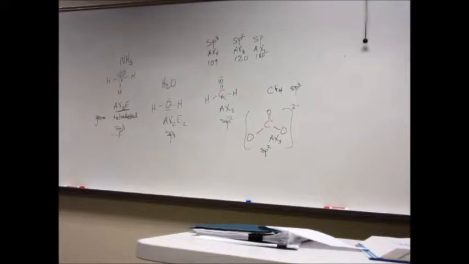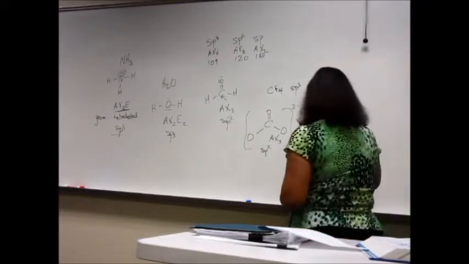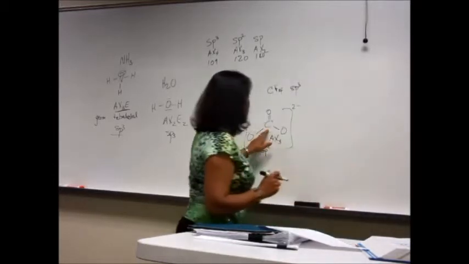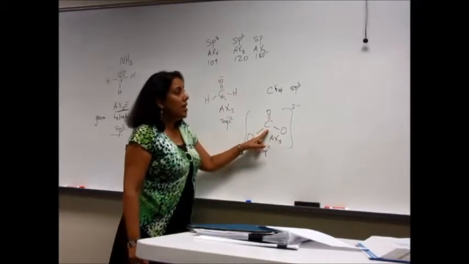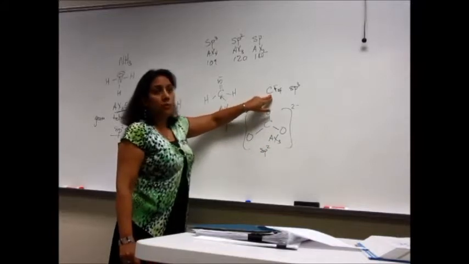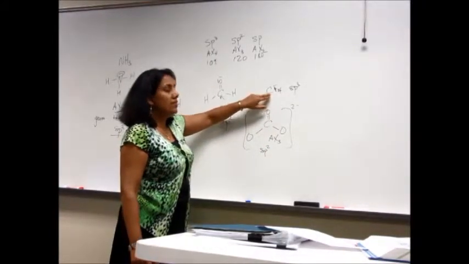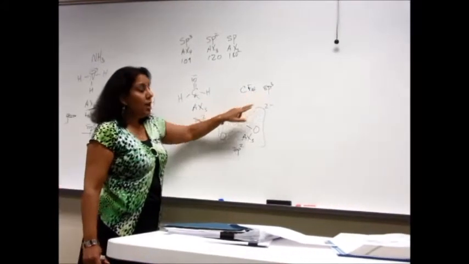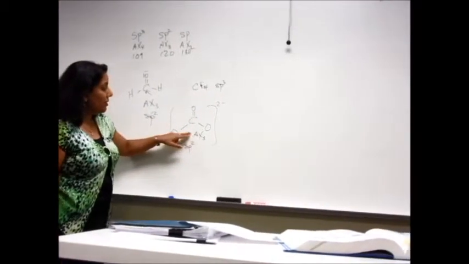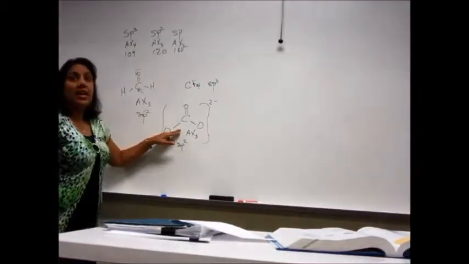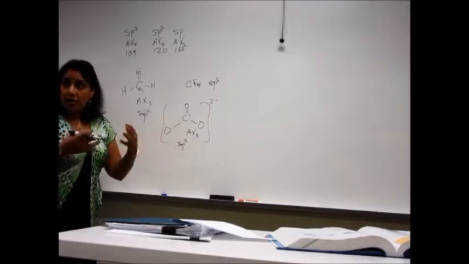In some cases, we start getting a little bit more complicated. So for example, when you have something like this, carbon over here, and carbon that you had at CF4, carbon here with the CF4 was SP3, but the carbon here with this carbonate was SP2. So how does this work?